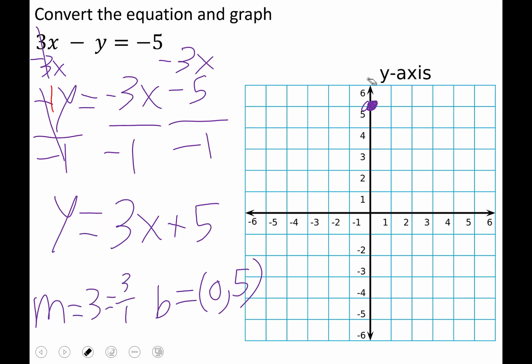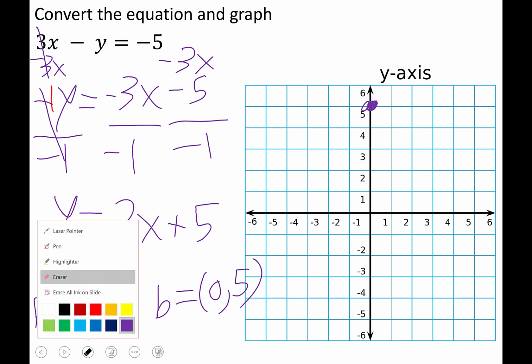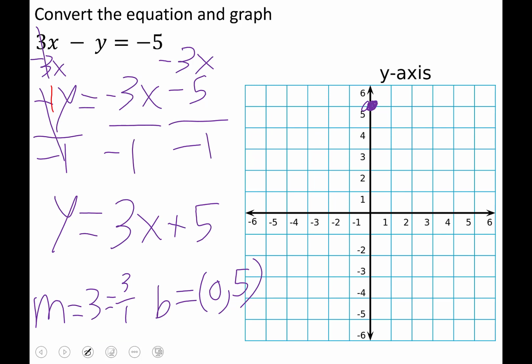So we're going to work backwards. I'm going to go down 3, and then go to the left one. This way, I still have a positive slope. So instead of what I would normally do, go up and to the right, I'm going to go down and to the left. And there we have it.